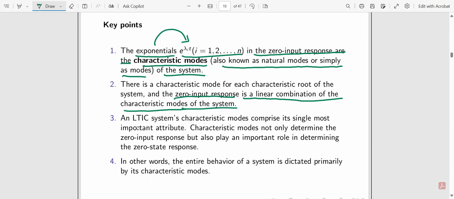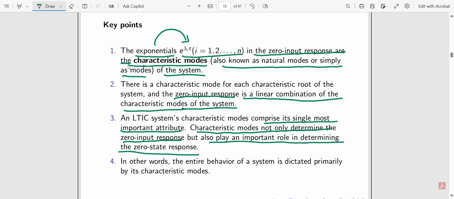In a linear time invariant system, the characteristic modes comprise its most important attribute. Characteristic modes not only determine the zero input response but also play an important role in determining the zero state response.